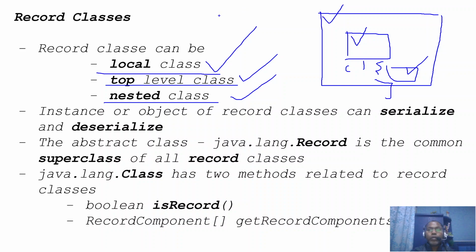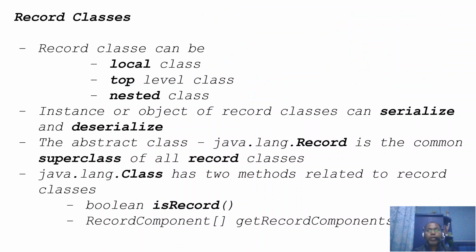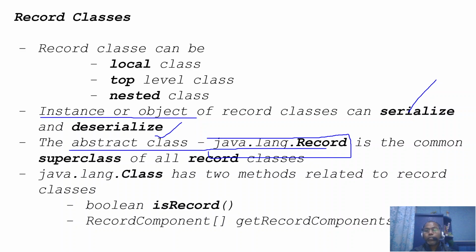And for any object of a record class, you can use serialization and deserialization. This object can be serialized and deserialized. Whatever record class you create, by default it becomes a subclass of java.lang.Record, an abstract class in the java.lang package.